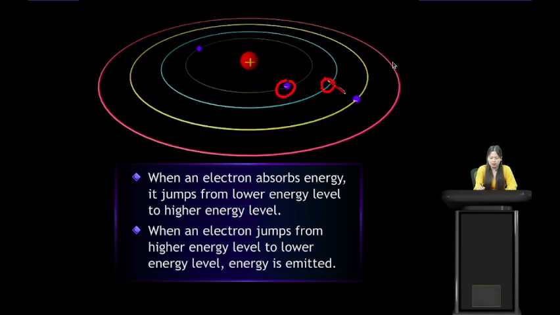So remember this, students: when energy is emitted, electrons move from a higher energy level to a lower energy level, and when energy is absorbed, electrons move from a lower energy level to a higher energy level.